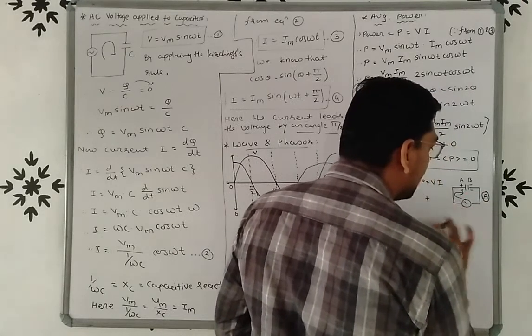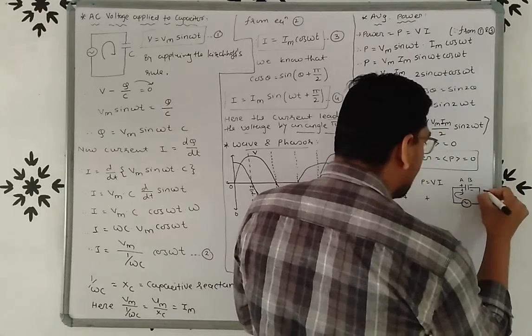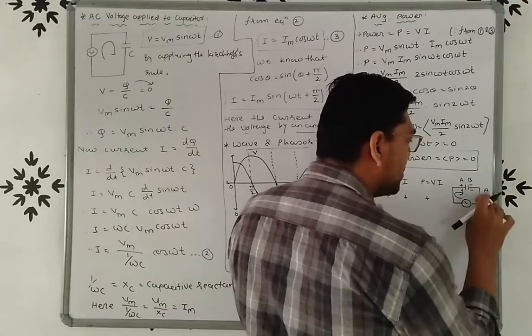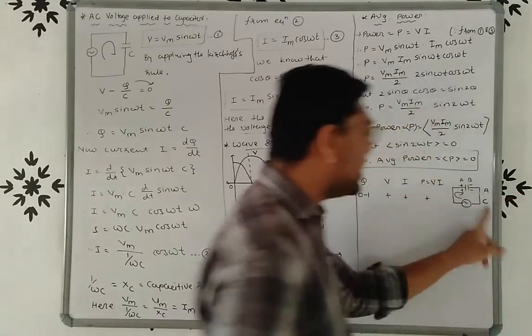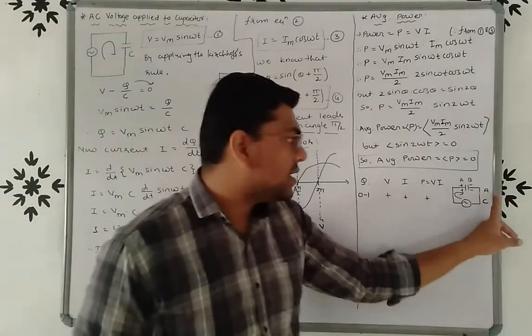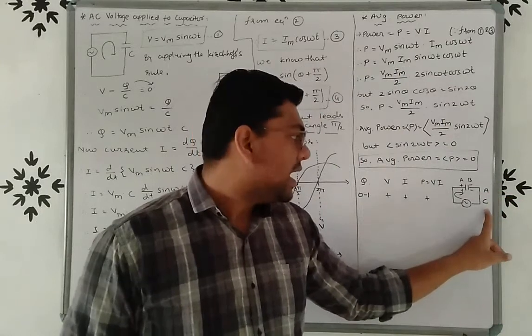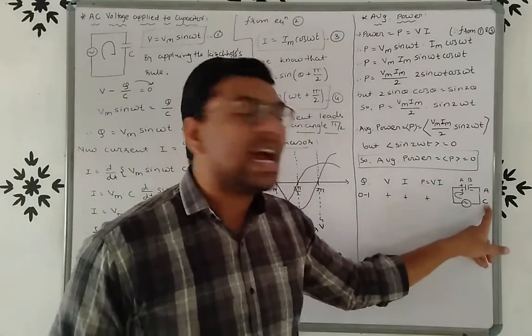So here energy is absorbed by the source and the capacitor starts charging, right? So A stands for energy absorbed, and C stands for capacitor starts charging.